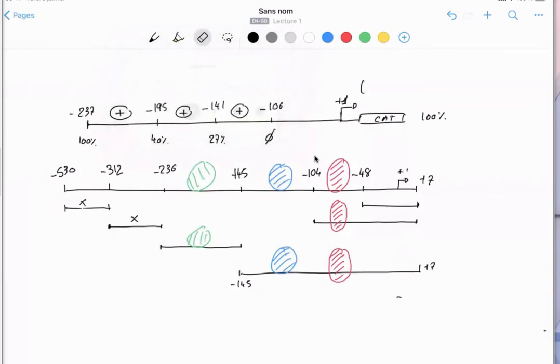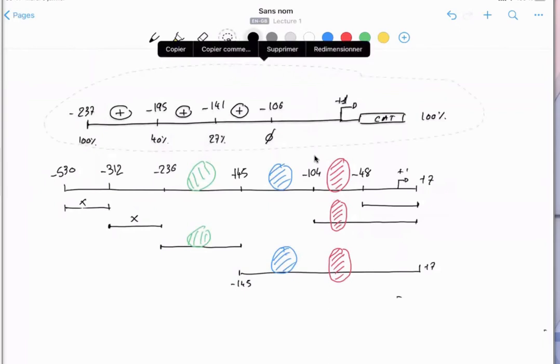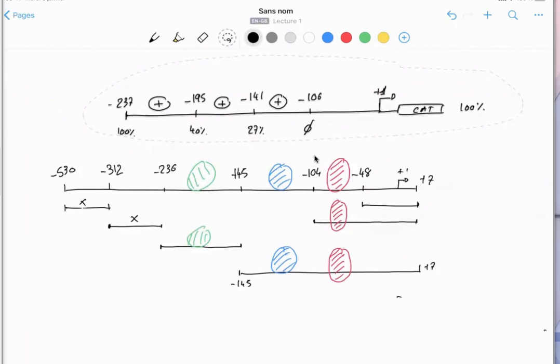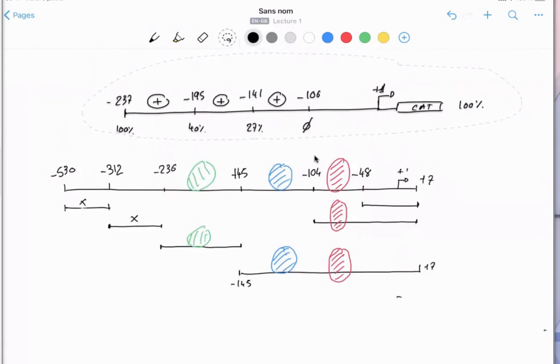One second, because I would like to align the situation. Okay. So they use this fragment, so -104 till +7, as a probe.